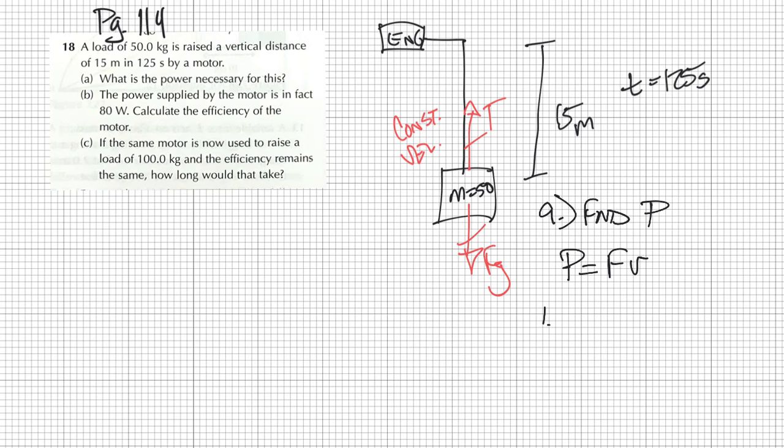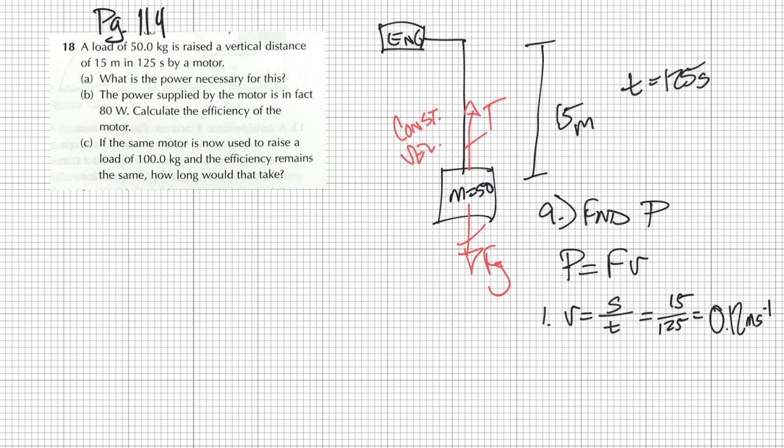So one, we have to find velocity, which is simply my displacement divided by my time, which is going to be 15 meters divided by 125 seconds. And that's going to give me 0.12 meters per second.